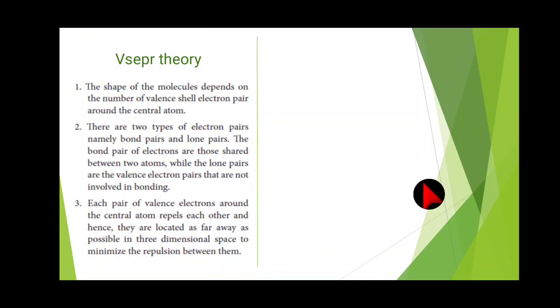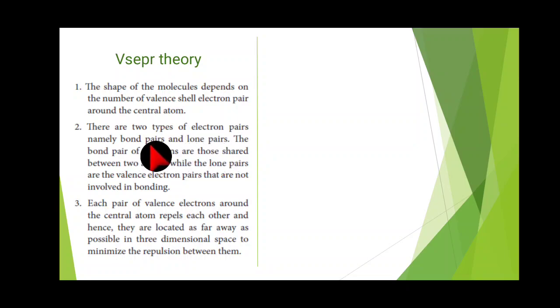So point number 1, the shape of the molecules depends on the number of valence shell electron pairs around the central atom, right? Point number 2, there are two types of electron pairs, namely bond pair and lone pair.